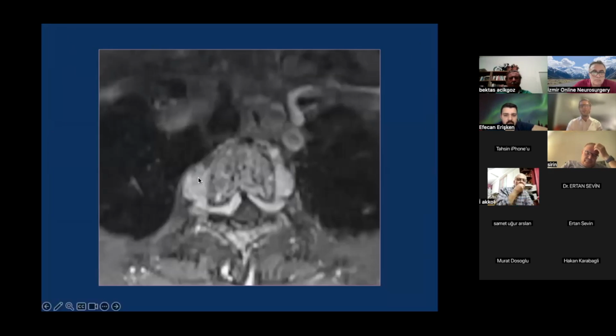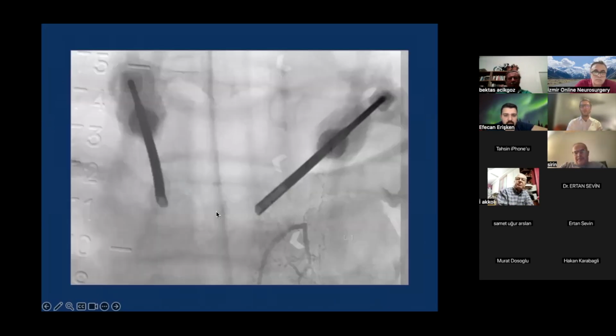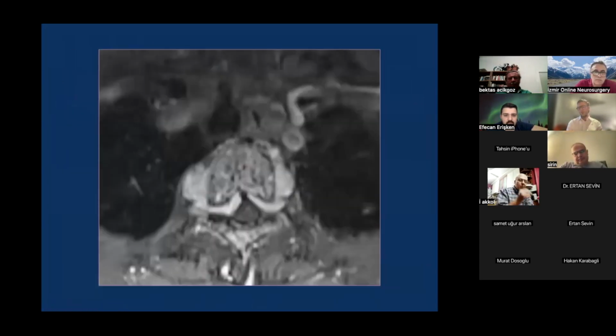And on T1 and contrast enhanced T1 image, you can see the extension to the perivertebral area and also in the anterior epidural space. Okay, so the patient was painful, she was symptomatic, so it's an aggressive hemangioma. You also see the extension to the posterior arch.